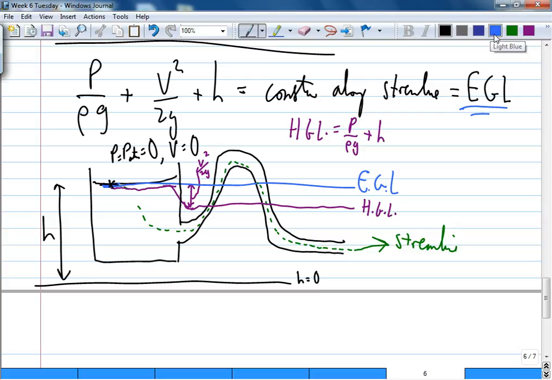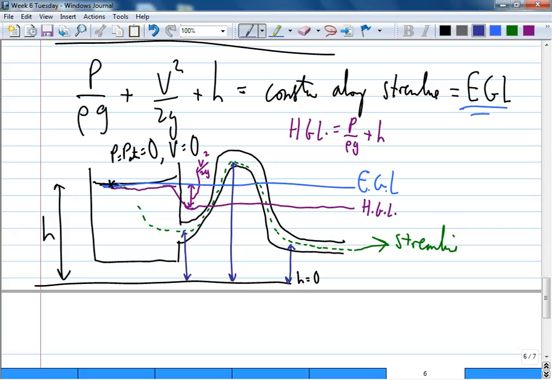So, how to draw that? Let me draw this. Okay, so at any point, the elevation is here. Okay, that's your elevation. Actually, I drew wrong already.